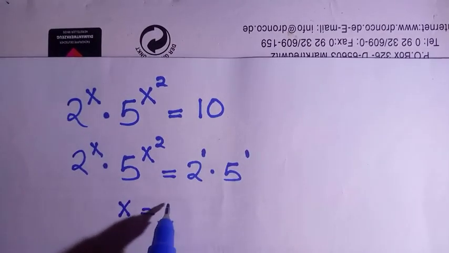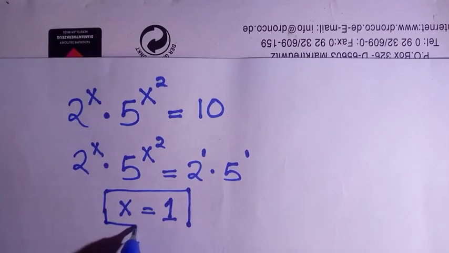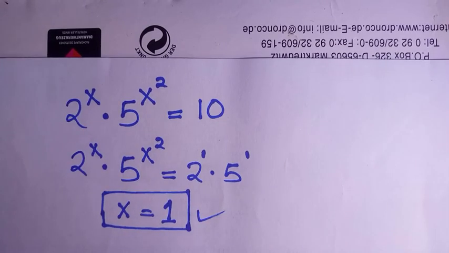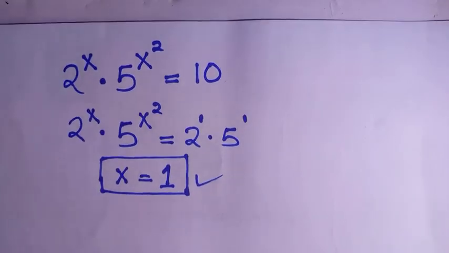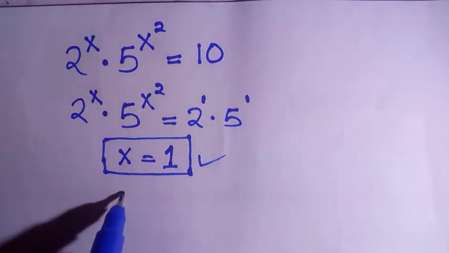So x equals 1, and this is by the observation method, or we can also say the iteration method. But this is not the only solution. Let's see the algebraic approach method to get the two real roots.